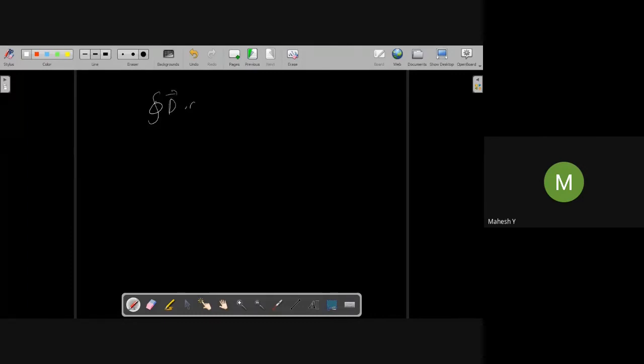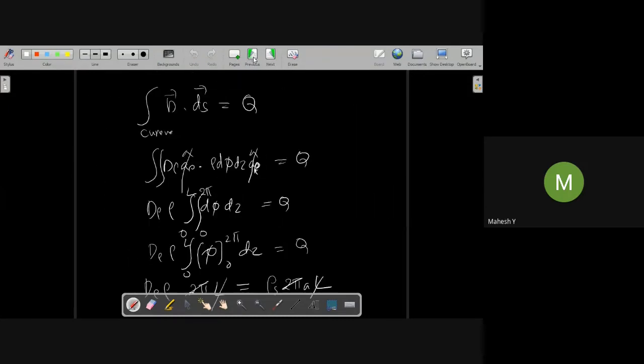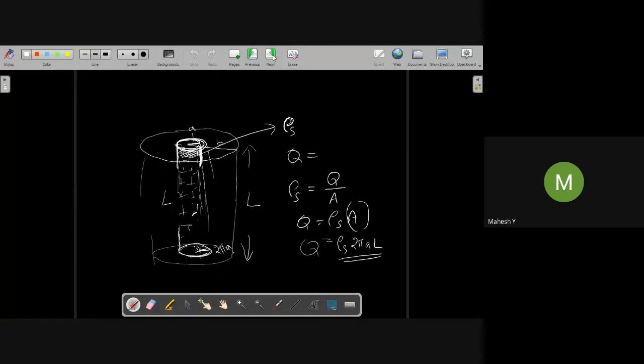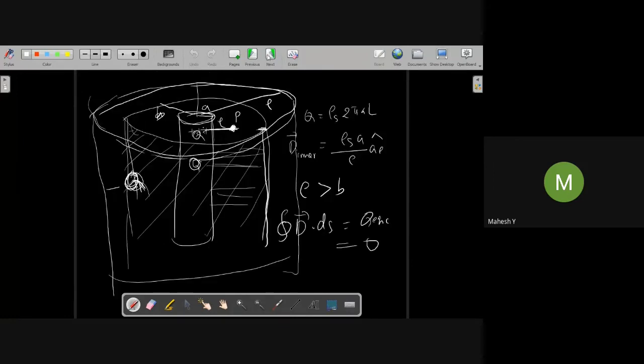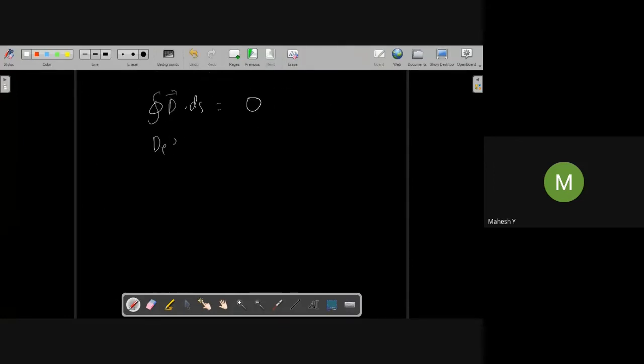So closed integral D dot dS is equal to 0 on the right side. The closed integral we have evaluated earlier gives D rho 2 pi l, right? So on the left side, D rho 2 pi l is equal to 0. This means that D rho is equal to 0, so vector D is 0. If D is 0, electric field intensity is also 0.